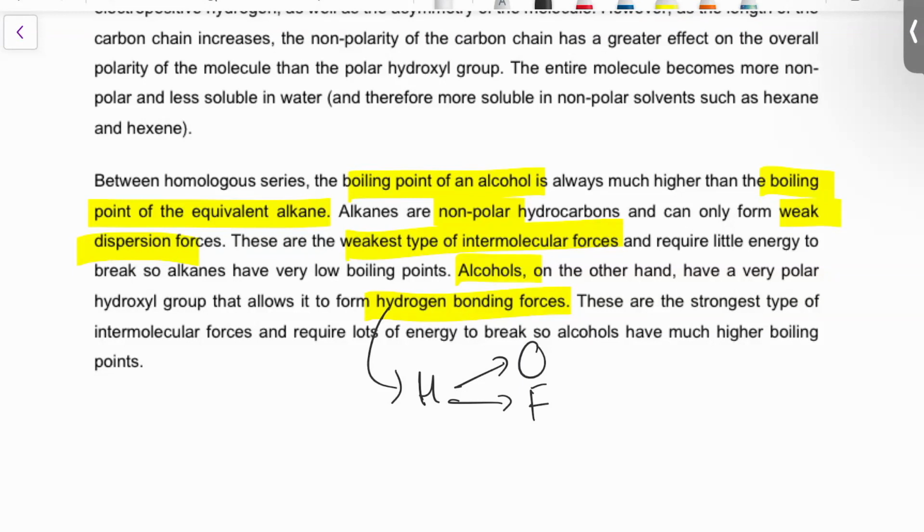I'll give you a hint. It's to the left of oxygen in your periodic table. What's to the left of oxygen? Nitrogen? Yeah, nitrogen. Okay, so hydrogen bonding forces can exist in a molecule if that molecule has an OH, HF, or a HN bond inside of it.